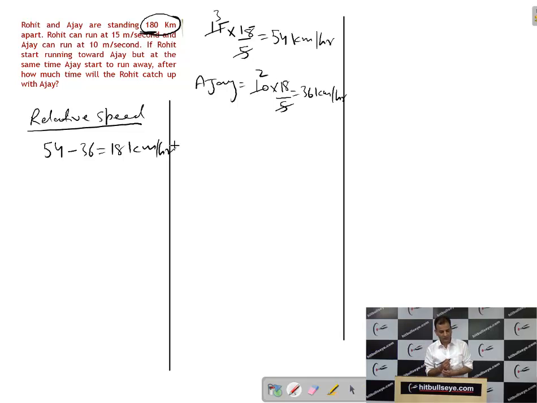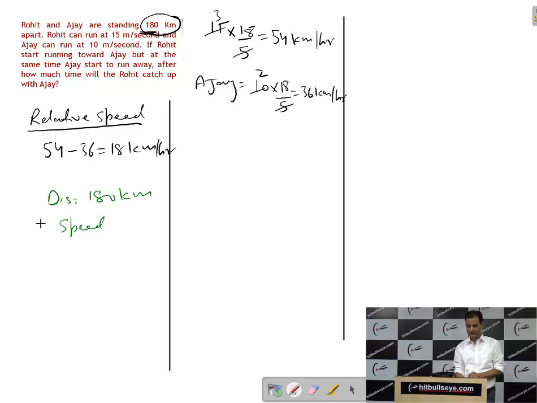And how much distance does Rohit have to cover? Students, Rohit has to cover a distance of 180 kilometer. The speed is the relative speed, which is very important: 18 kilometer per hour. Now, as we know, time is distance by speed.